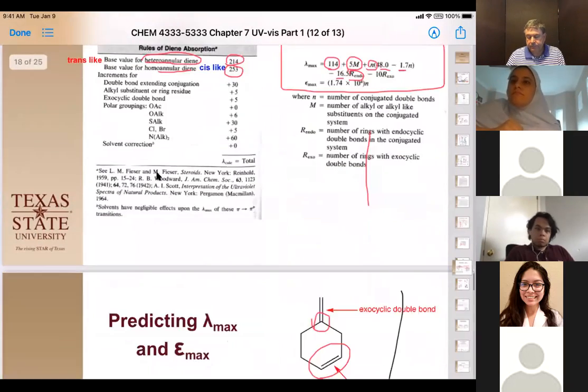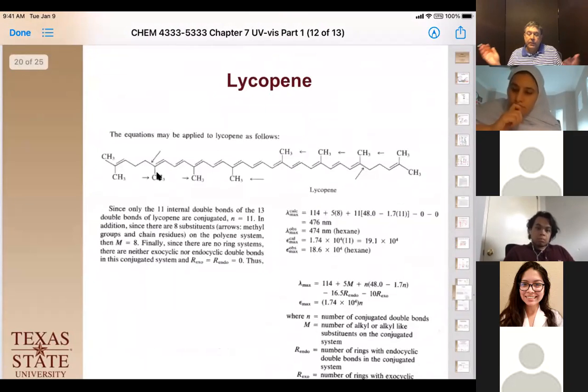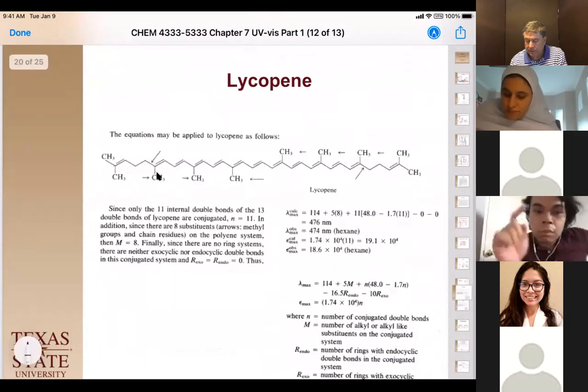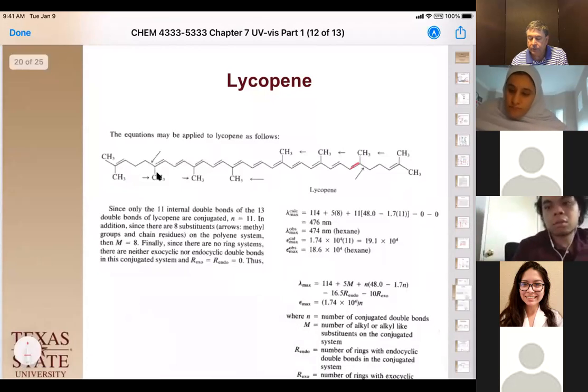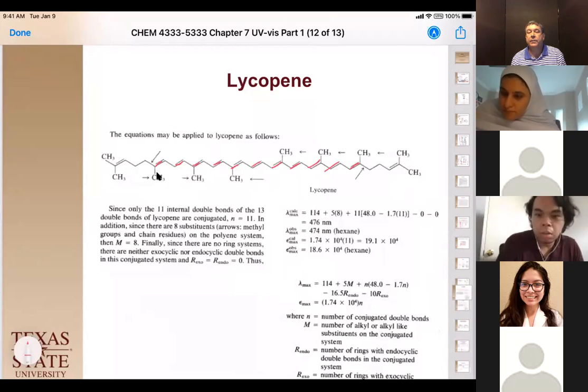All right, so let's go and do a straight chain one. And if we do our straight chain one, we of course start with a different base. It's the 114. Let's see, how many carbons do we have here attached to double bonds? First of all, we have 1, 2, 3, 4, 5, 6, 7, 8, 9, 10, 11 of those double bonds in conjugation.